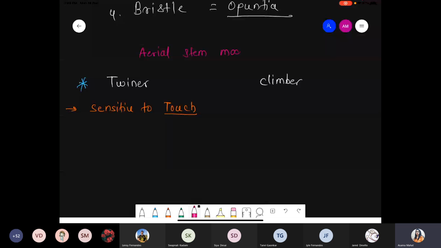But there is a very basic difference. When we are talking about the twinner category, they are sensitive to touch. And the climber, normally हमने climber word सुना हुआ है, right? In case of the climber, they are insensitive to touch. ठीक है? Now whenever we are talking about the twinner category, ultimately it has a specific growth pattern.